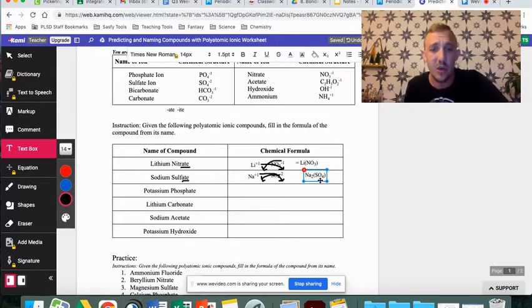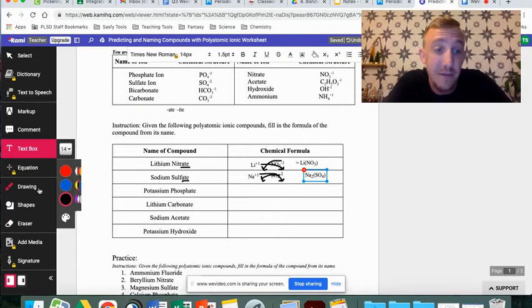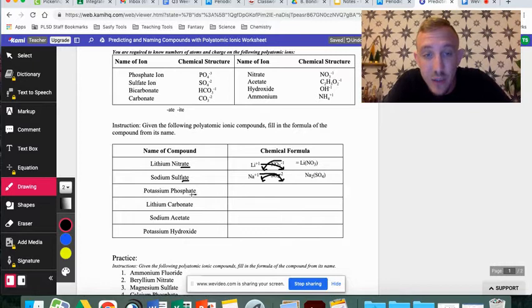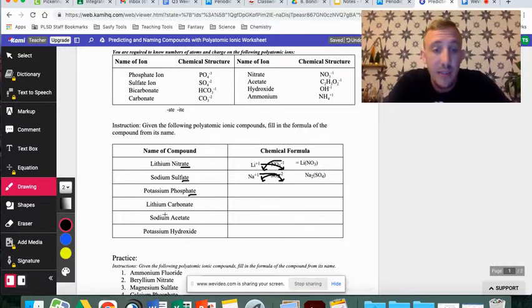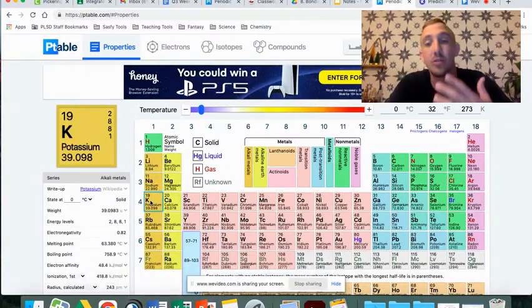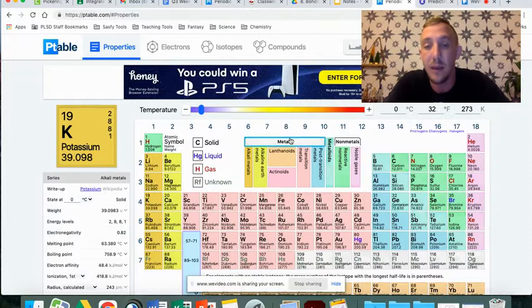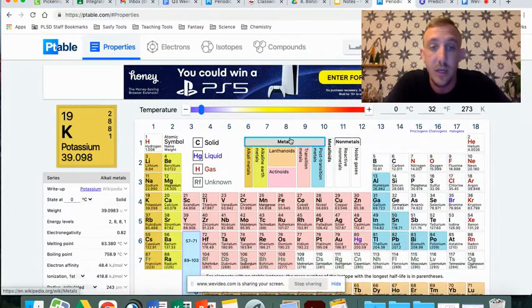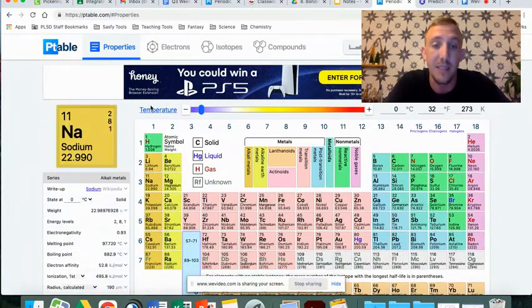So once again, let's go ahead and look at potassium phosphate. Once again, phosphate has an 8 next to it. And I have to see if potassium is a metal. If I look, potassium is also in group 1, and it falls under the metals. So because it's in group 1, it's positive 1.